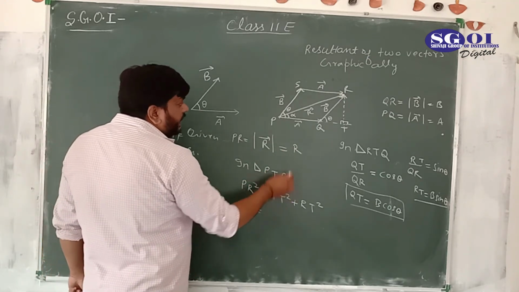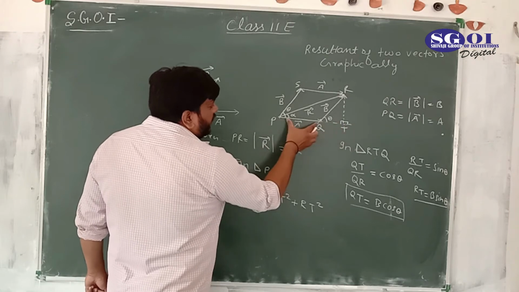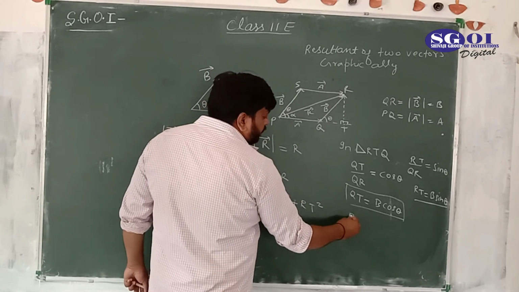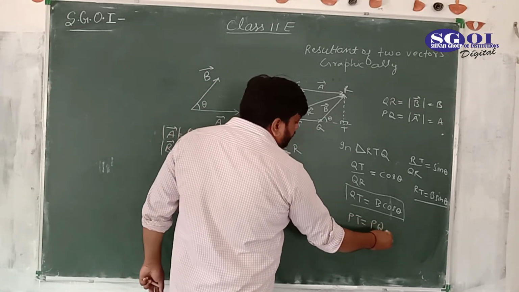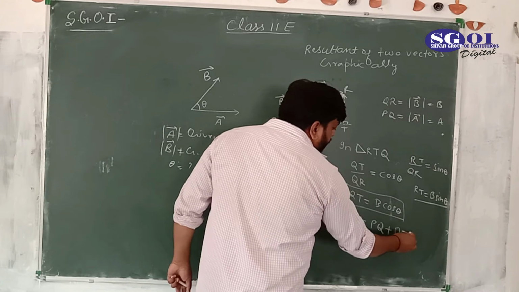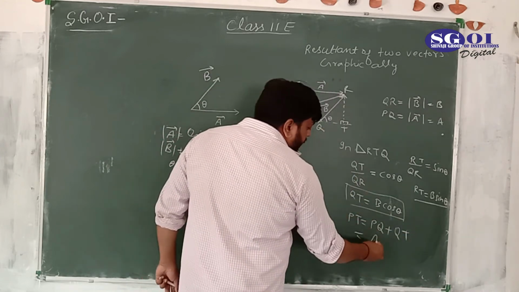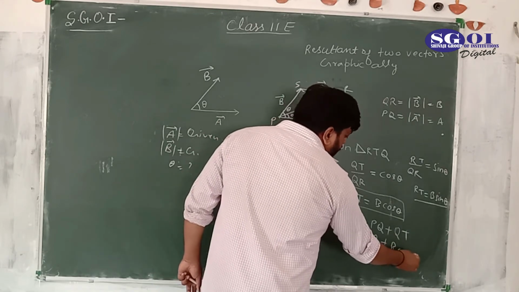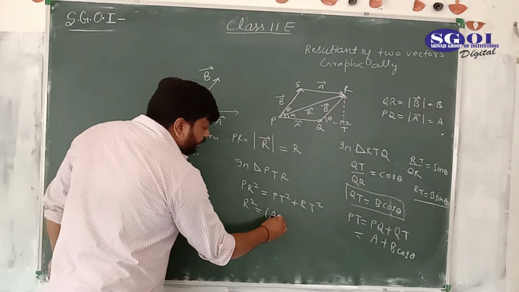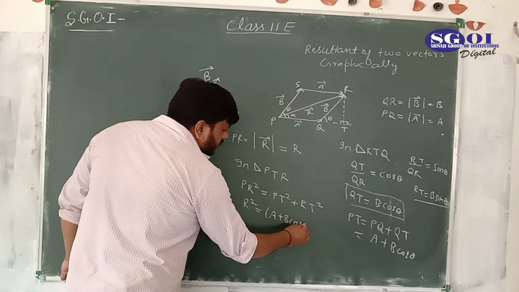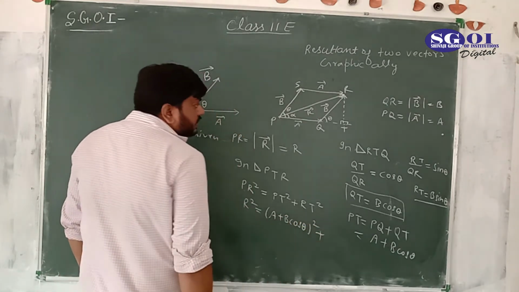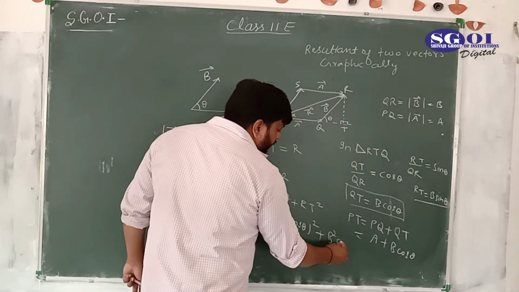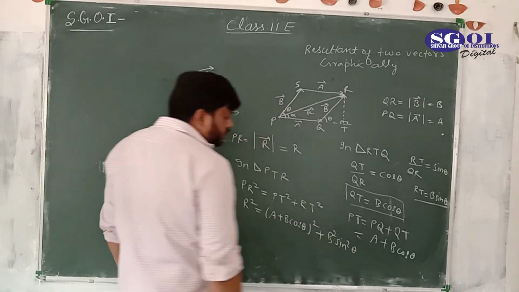PT equals PQ plus QT, and PQ is A magnitude and QT is B cos theta. So put the value here: A plus B cos theta whole square plus RT square. RT is B sin theta, so this is B square sin square theta.